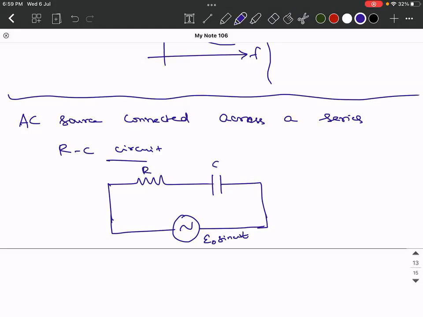So this is R, this is C. Okay. Here I use the word series.